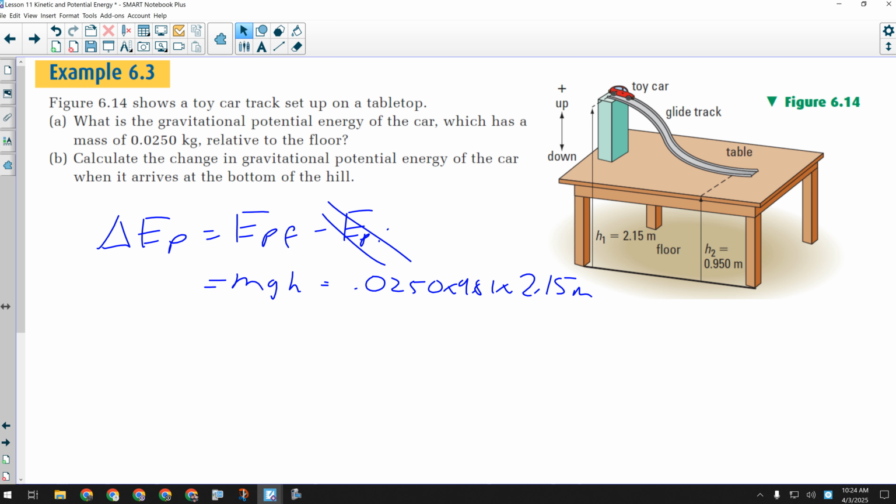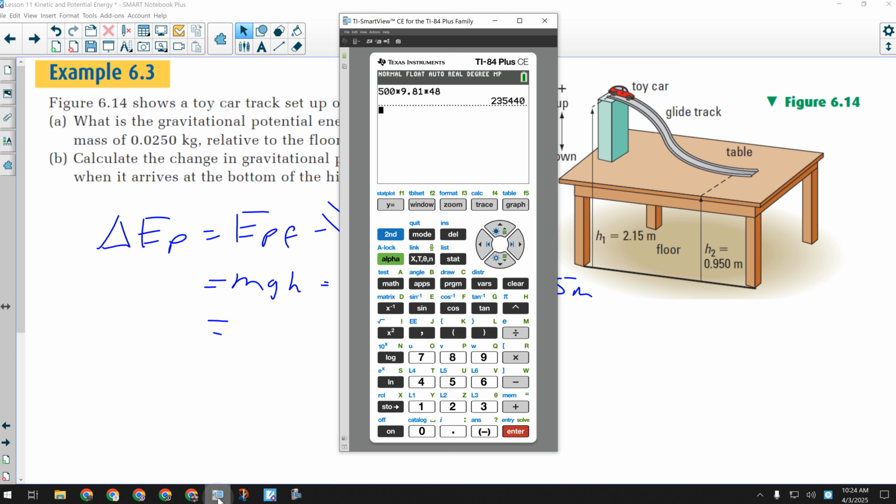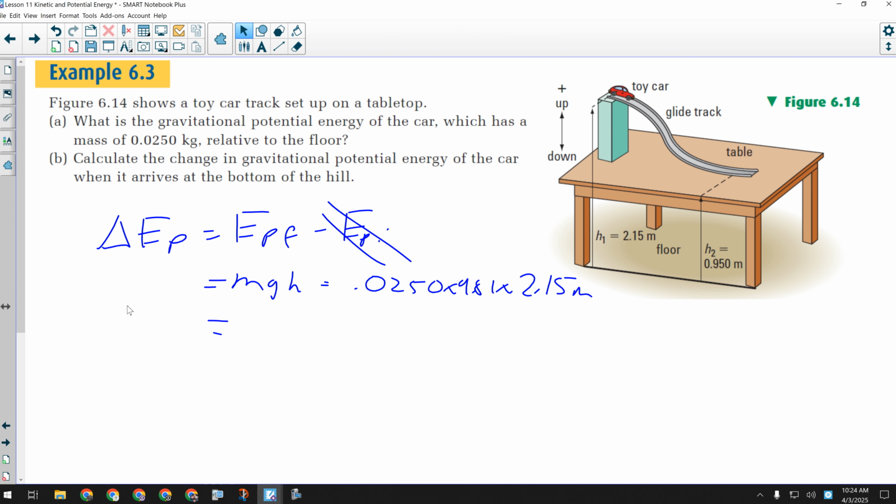Times 2.15 meters, that's how high it is from the floor. We should get 0.53 joules. Not very much, but it's also not a very heavy car.